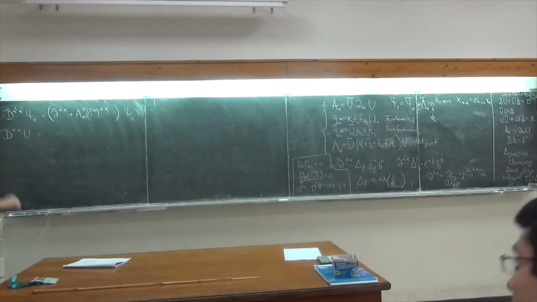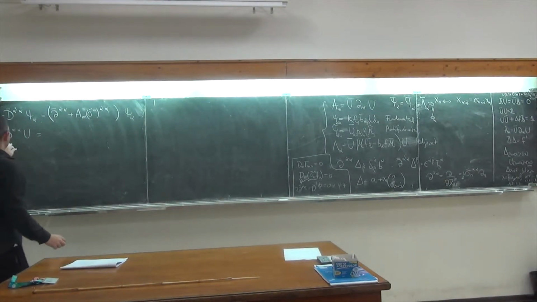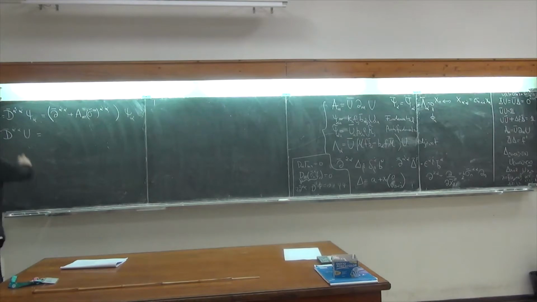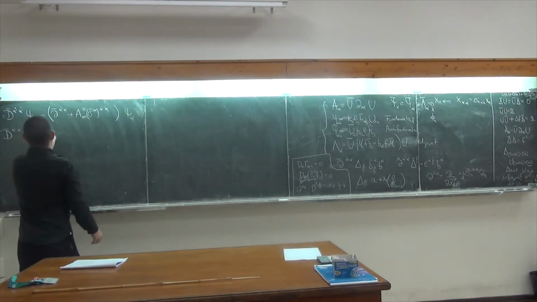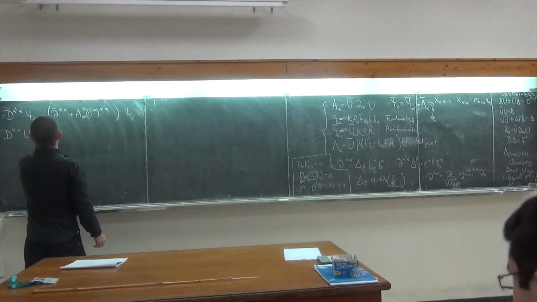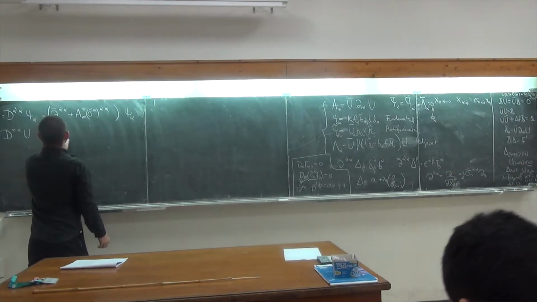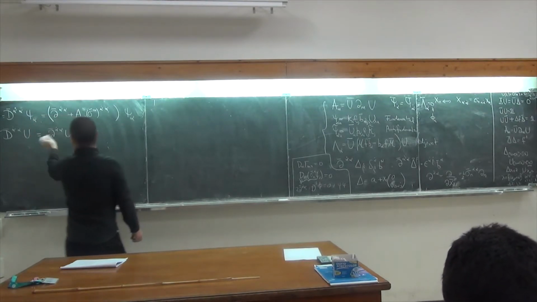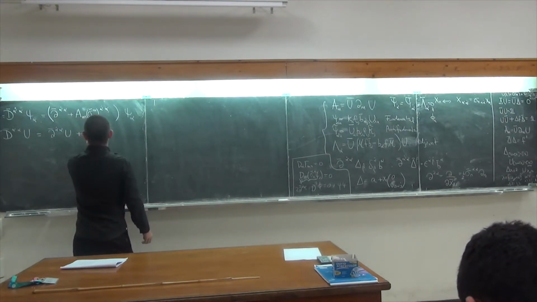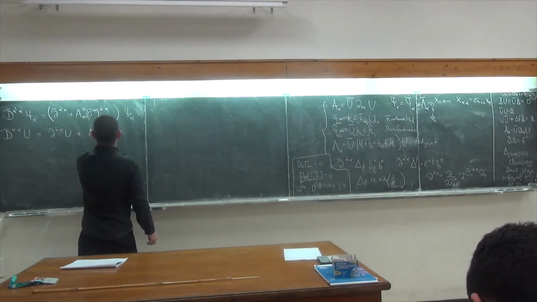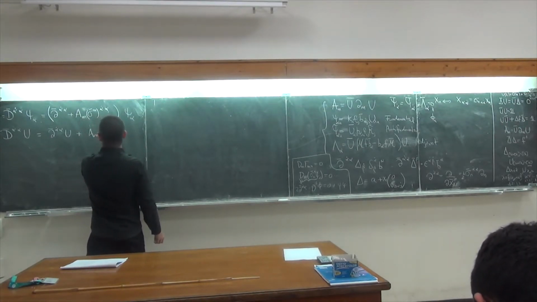This is an intermediate step. Okay? Then we say this is D bar alpha dot alpha u plus A sigma bar n alpha dot alpha.